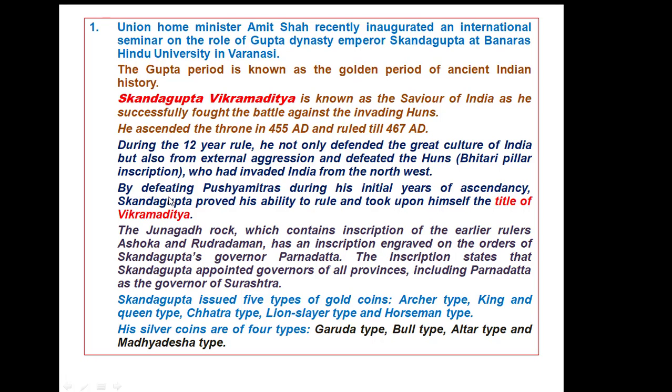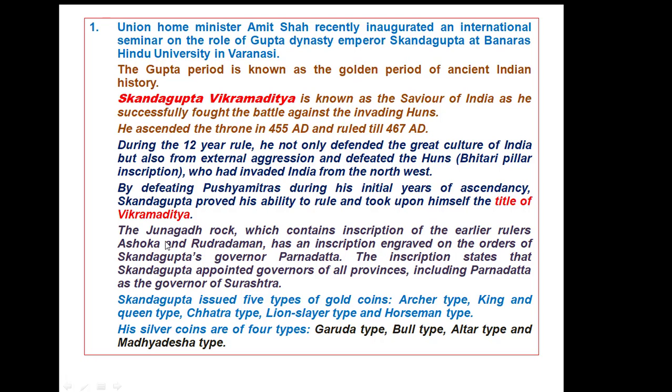By defeating Pushyamitras during his initial years of ascendancy, Skandagupta proved his ability to rule and took upon himself the title of Vikramaditya. So Skandagupta took the title of Vikramaditya by defeating Pushyamitra.